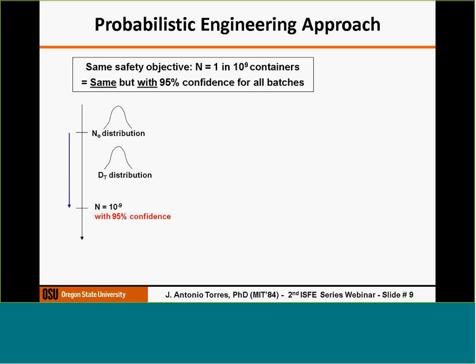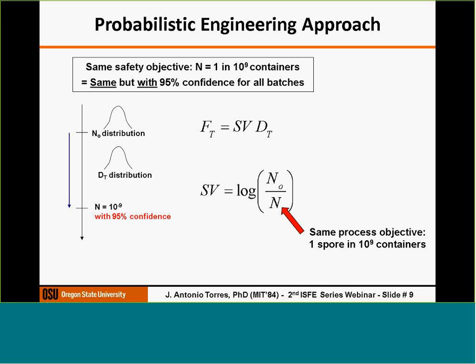Measuring the D value, we are collecting information on how the D value changes with slight changes in the formulation of the product, simply because the data is an experimental determination, and the experimental determination will have some variability. And then keeping again the 10 to the minus 9 N, but now we specify that we want to reach this goal with 95% confidence.